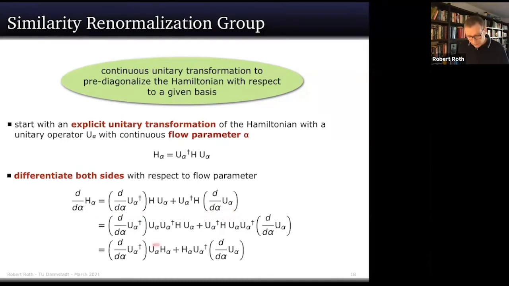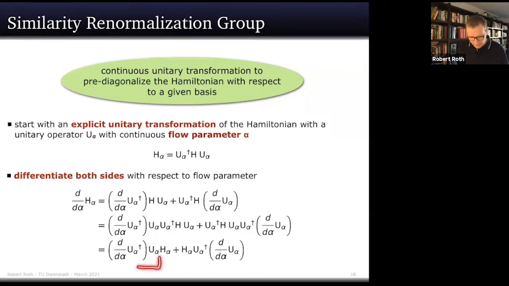Then you plug in, because you like these U's, another unit operator in the form of U alpha times U alpha dagger. It's unitary, so this is an identity operator. Nothing has happened due to writing this in. And then you can identify your transformed Hamiltonian again. So this U alpha dagger H U alpha is by definition your H alpha. So you write your H alpha here.